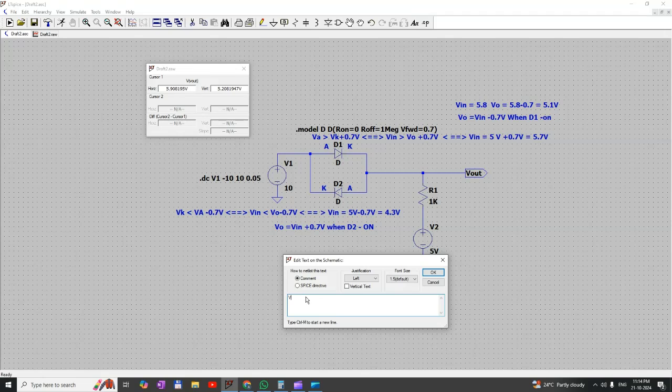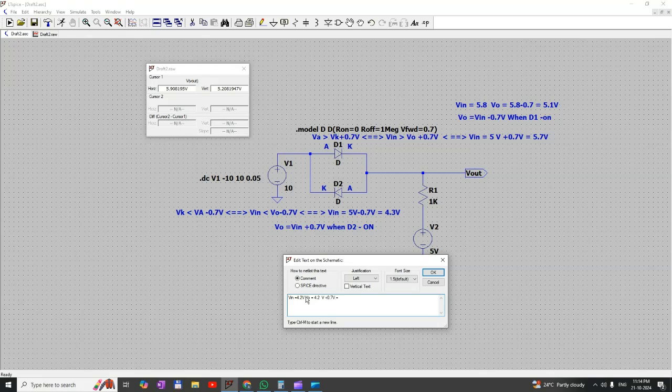Similarly, here also, when V in is equal to 4.2 volt, the V out is equal to 4.2 volt plus 0.7 volt.